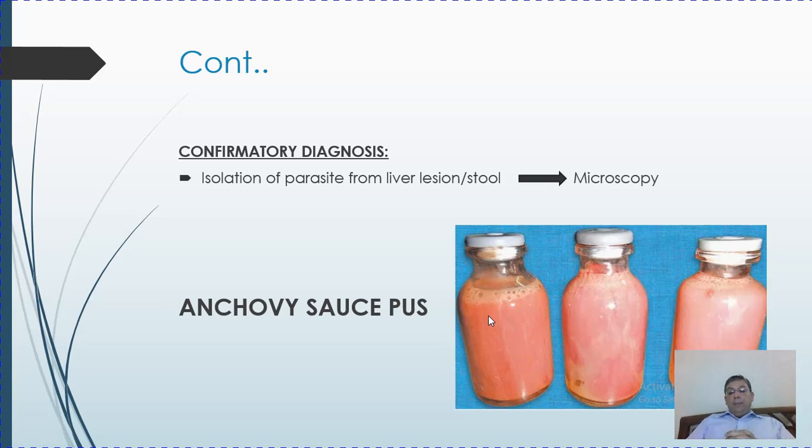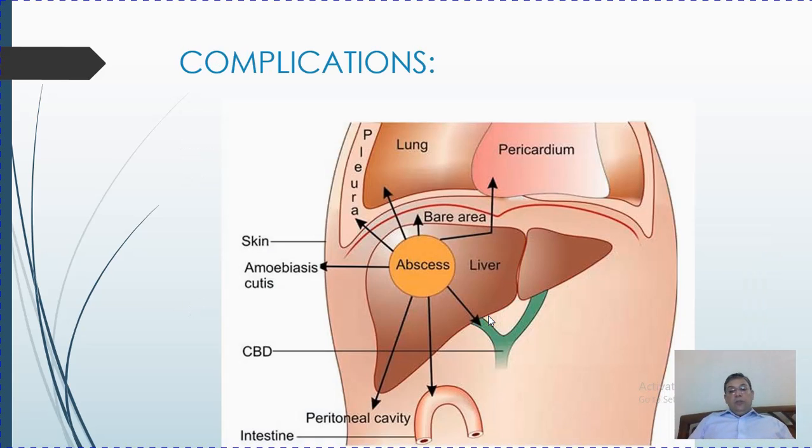So what can happen if there is a liver abscess through amoebiasis? Where can it go?